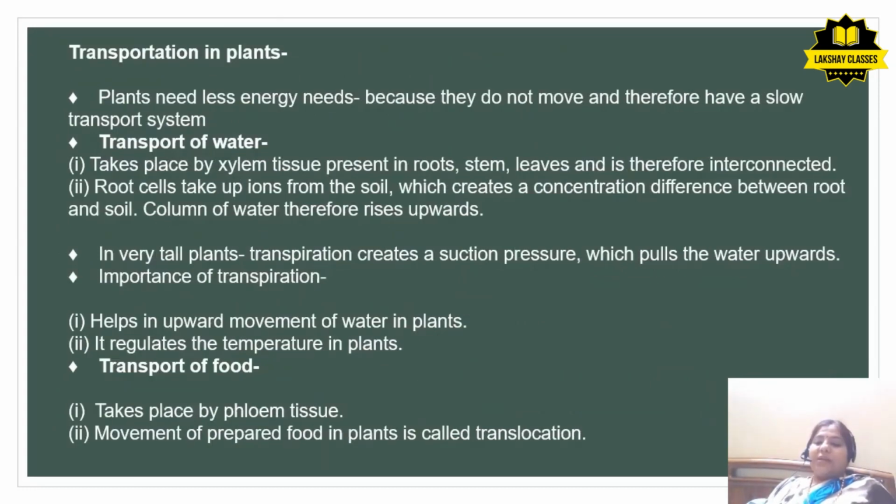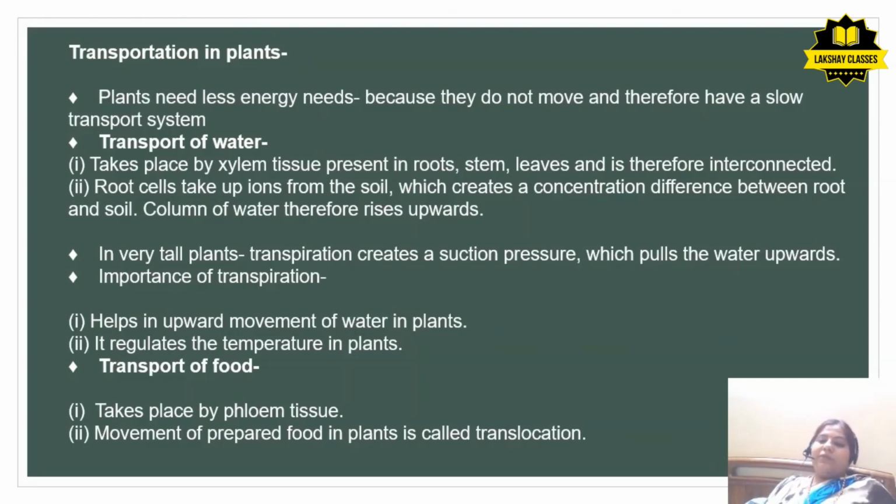Now we will understand how transportation takes place in plants. In humans or other animals, there is a heart which helps in the circulation of blood and takes care of the transportation of different materials. But how does transportation take place in plants?